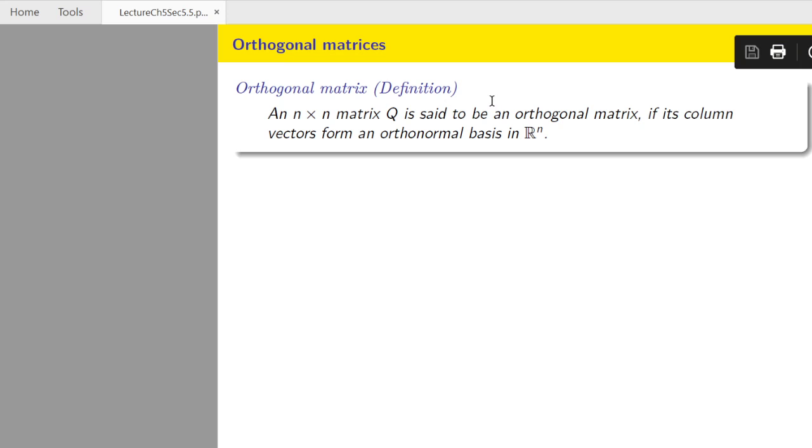Orthogonal matrix. Here we consider an n by n matrix Q. Now this is a square matrix. We call this matrix an orthogonal matrix if its column vectors form an orthonormal basis in Rn.